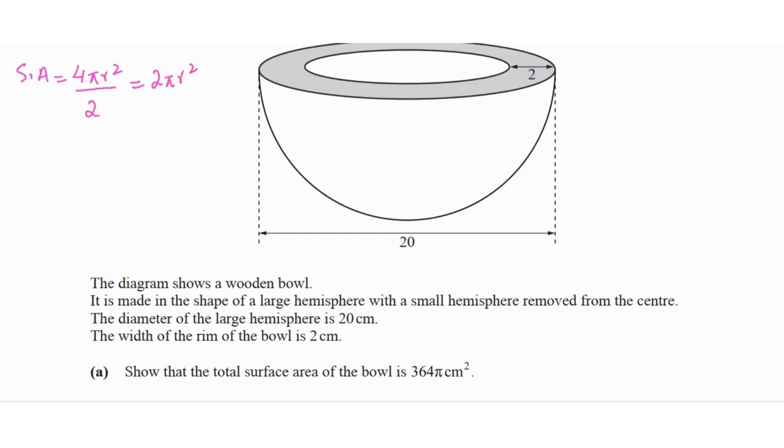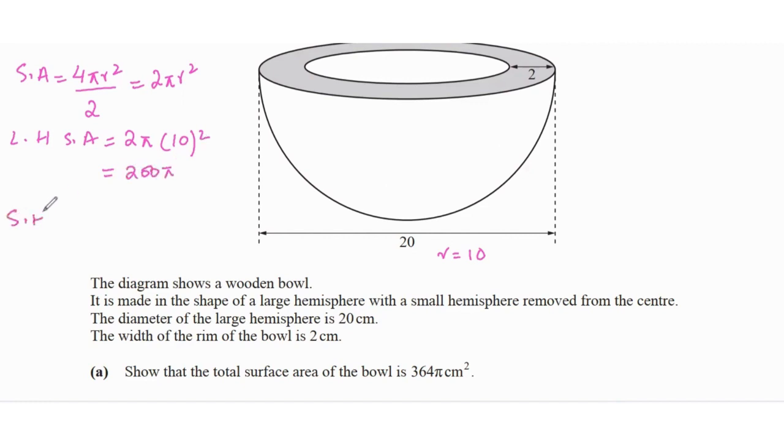So if we find the surface area of the large hemisphere, call it LH, that's going to be 2 pi times 10 squared, because the radius is going to be 10 for the large hemisphere. So that's going to be 200 pi.